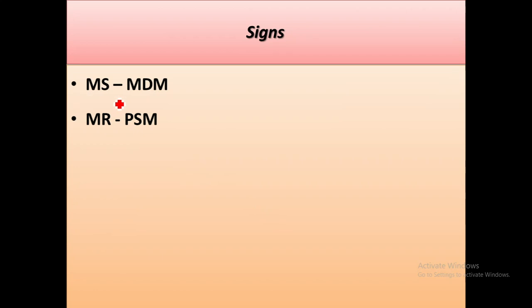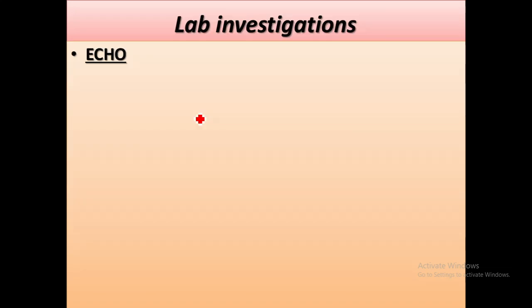If there is mitral stenosis, there will be a mid-diastolic murmur. If there is mitral regurgitation, there will be a pansystolic murmur. These are abnormal heart sounds. If calcific deposits are large enough, they can be seen on echocardiography.